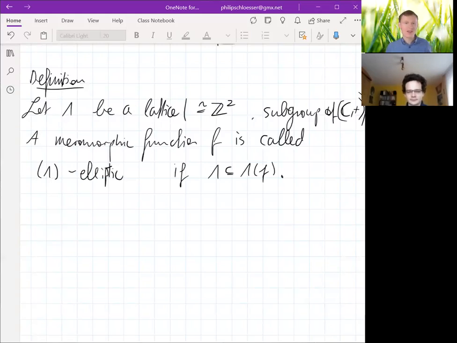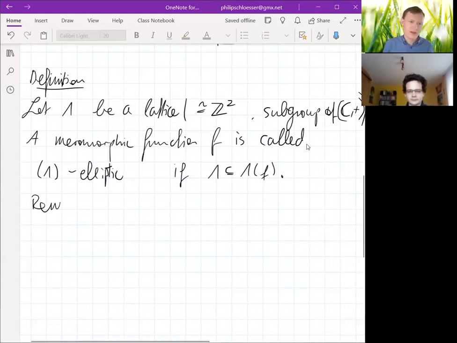Meaning that f is either doubly periodic, with lambda being their period, although I guess it could have more periodicity. The periods could be shorter, but at least lambda has to consist of periods of that function. Or it could just be constant.